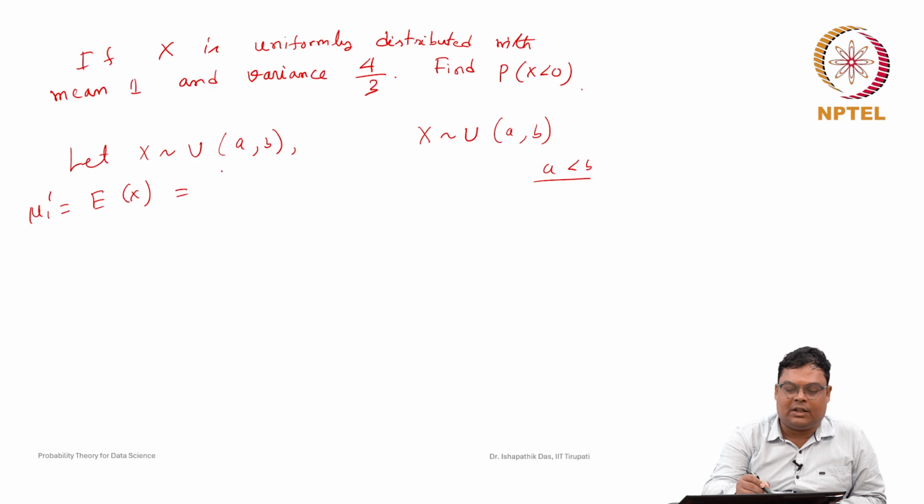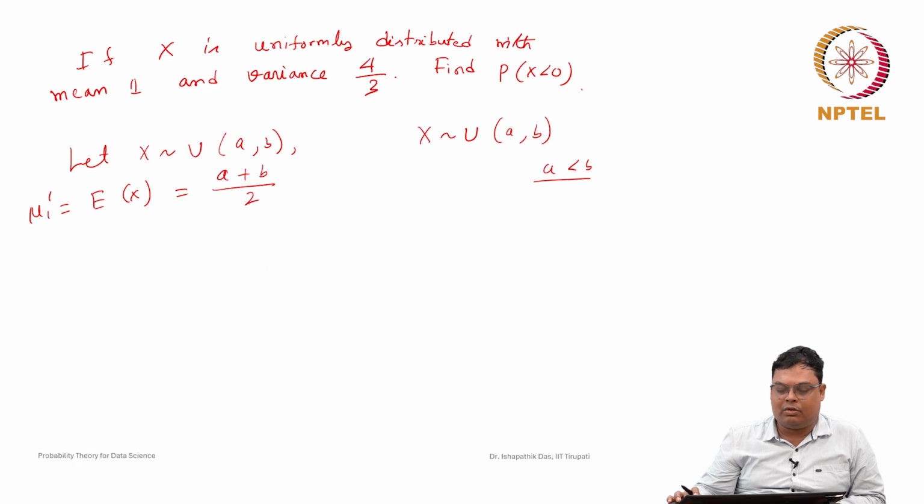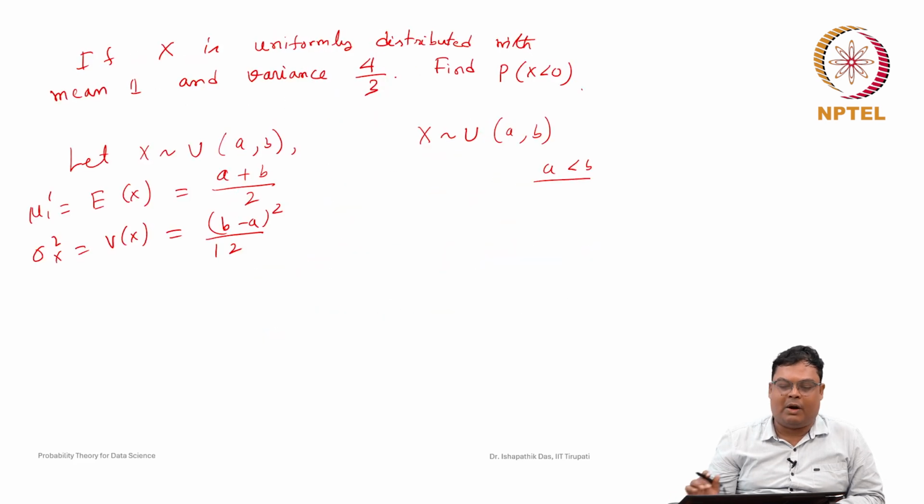Also, we know the variance of x, sigma square x, is b minus a whole square by 12. We found that.